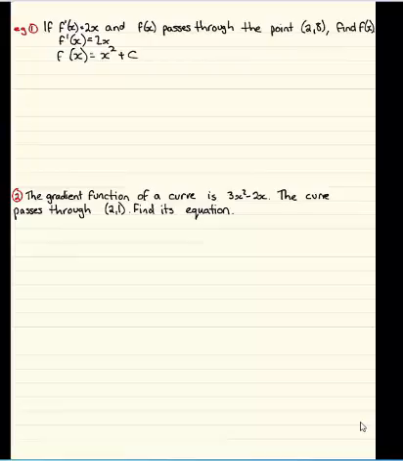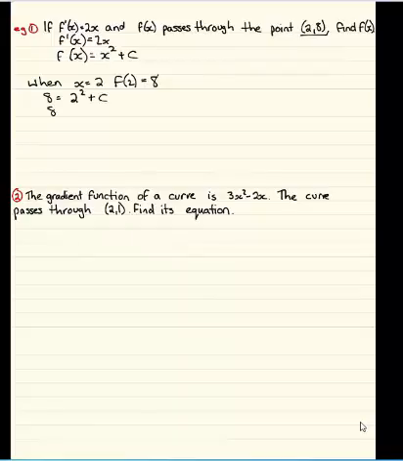But what I do know is that it goes through the point (2, 8). So what I do is come back and say, well, when x equals 2, I know that the function at 2 is equal to 8. That's what they've told me. So substitute them in. 8 is equal to 2 squared plus some constant.